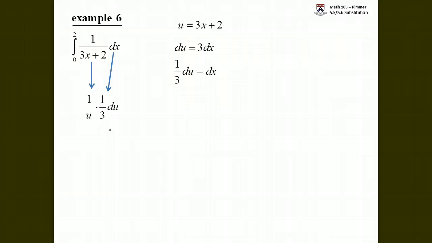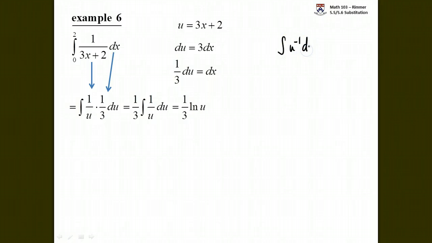And so we integrate that, which is much simpler to do. The goal is to get a simpler integral, and we can do this one. We pull the 1/3 out, focus on 1 over u, and the antiderivative of 1 over u is the natural log of u. Be careful, that's the one where you can't use the power rule in reverse. You can't bring the -1 up as the exponent and use the power rule in reverse.